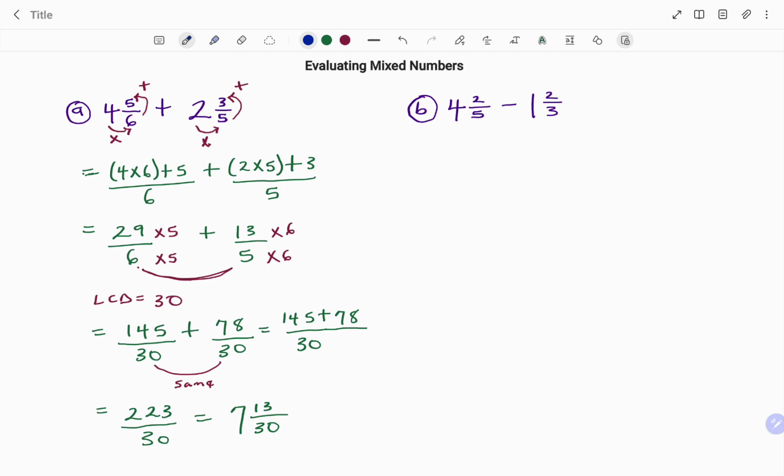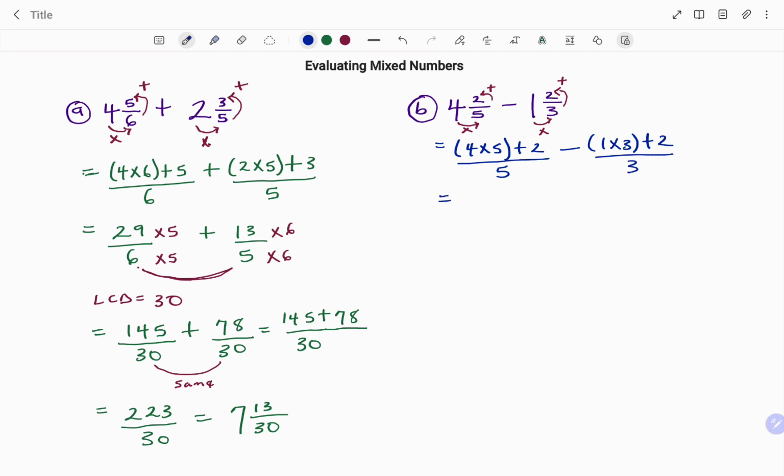Using the same method, I have that as 4 times 5, so I multiply and then I add. I multiply and then whatever answer I get, I add. So what that will give me is 4 times 5 plus my numerator, that's 2, divided by 5, that's my denominator, minus, for the second term, I have 1 times 3 plus 2 at the top divided by 3.